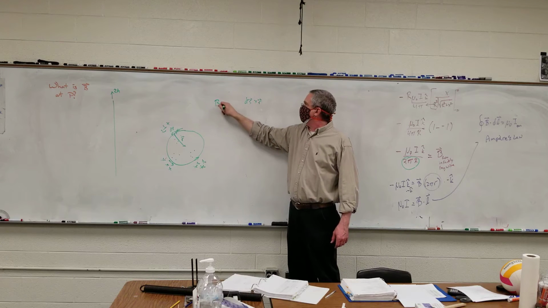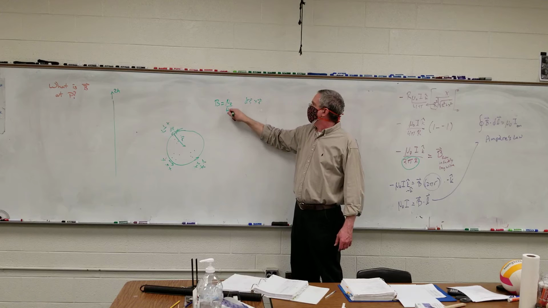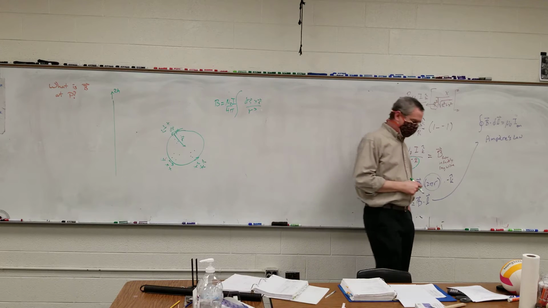So B is the mu naught over 4 pi integral, pull I out, ds cross r over r cubed.